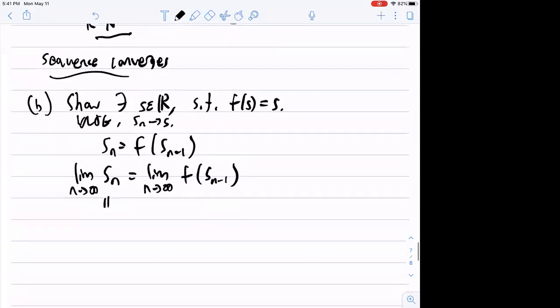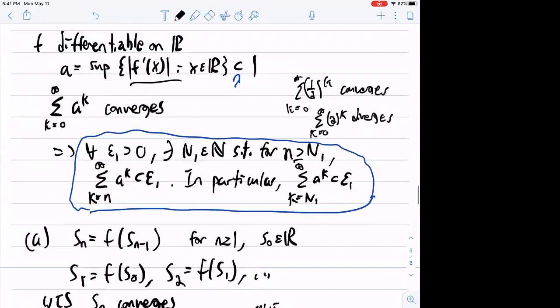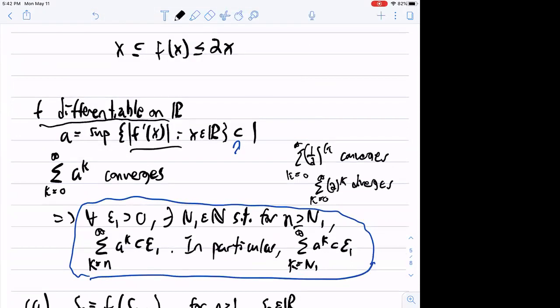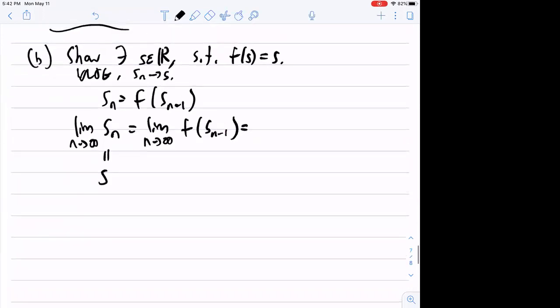Now, on one hand, this thing is S by definition. Now, f was assumed to be what? Here, we didn't use our last assumption. It was differentiable. Well, we sort of used it for the sup to make sense. But in particular, if we're differentiable, we are continuous. Continuous means, by definition, we could bring the limit inside. It's the value of the function at the point.